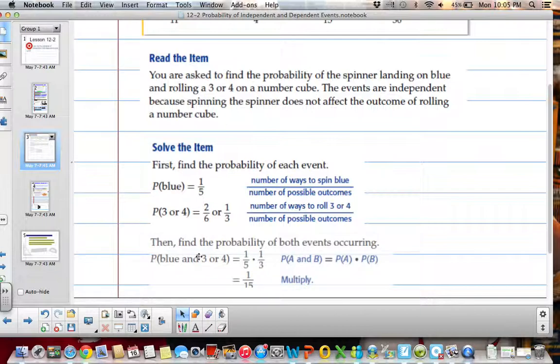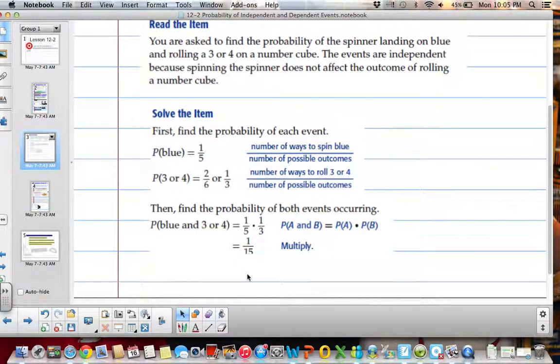Then we have to find the probability of both events. So we would write probability of blue and 3 or 4. We would take 1/5 times 1/3, and we would get 1/15. And that would be our probability of getting a blue and then a 3 or 4.